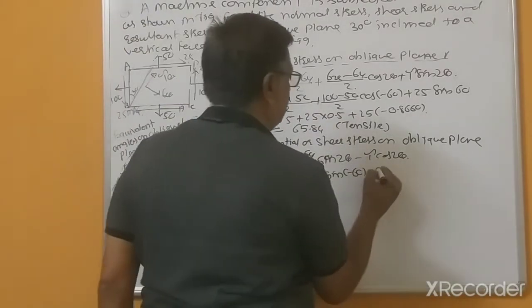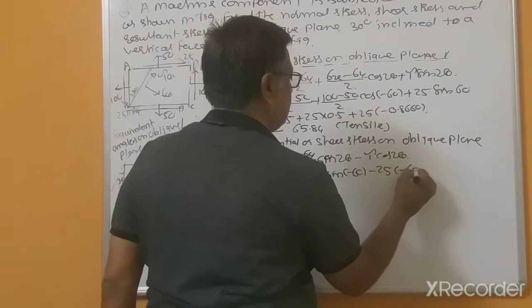This is positive tau shear stress, minus 60.